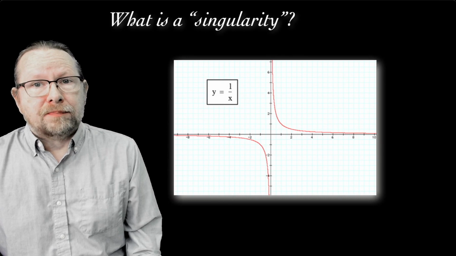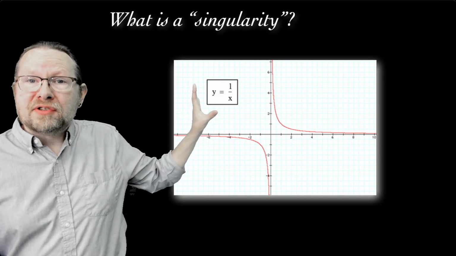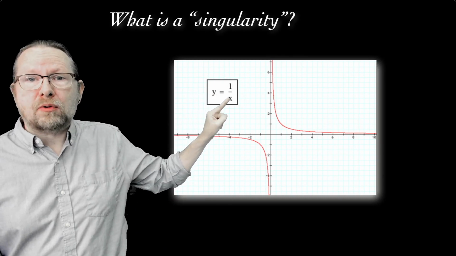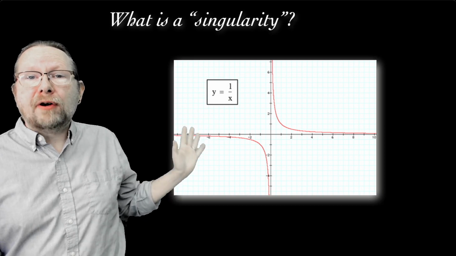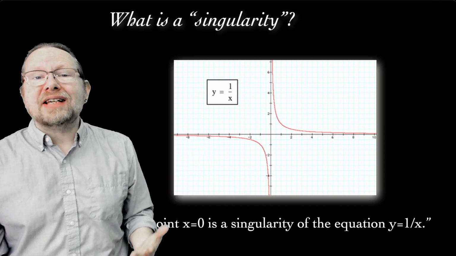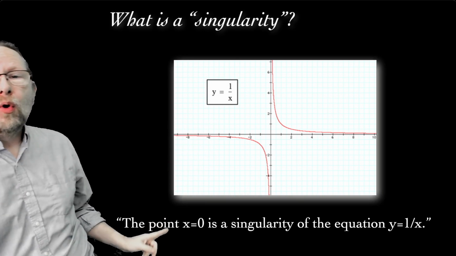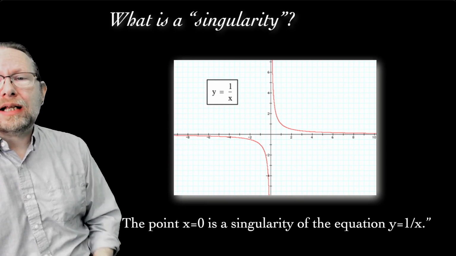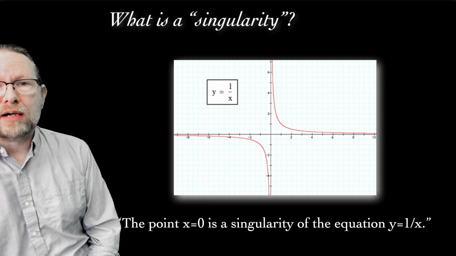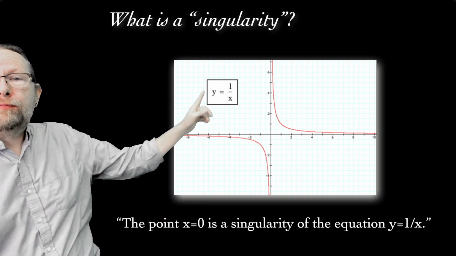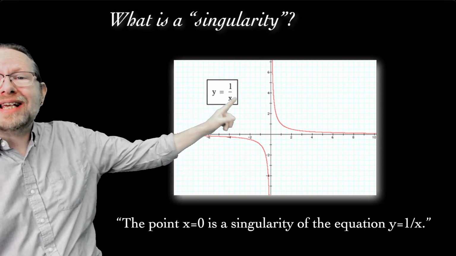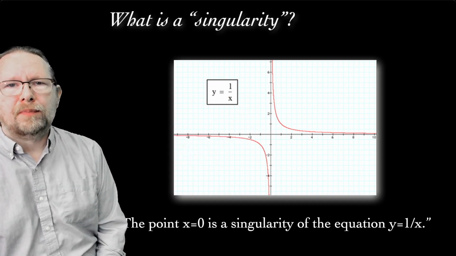In mathematics, we say the function y equals 1 over x has a singularity at x equals 0. Or the point x equals 0 is a singularity of the equation y equals 1 over x. Or the function is singular at x equals 0.